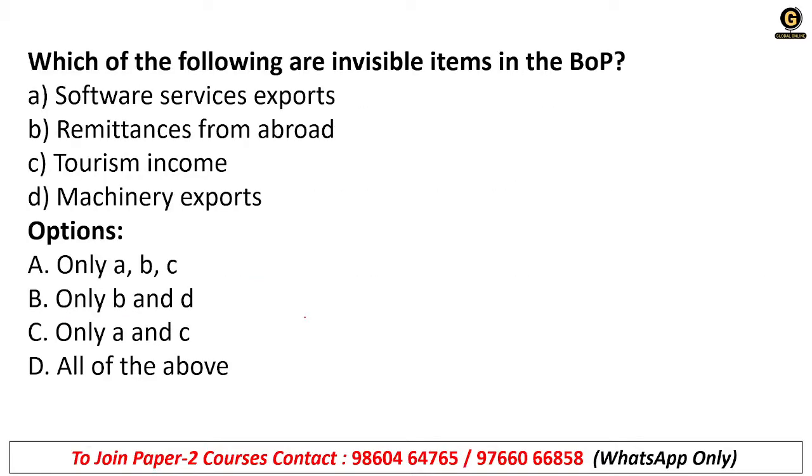Next, which of the following are invisible items in the BOP? When we are calculating the BOP, invisible items are a term we need to consider, right? I'll explain what it is. A, software service exports, remittance from abroad, tourism income, machinery exports. Options: A, B and D, only A and C, or all of the above.